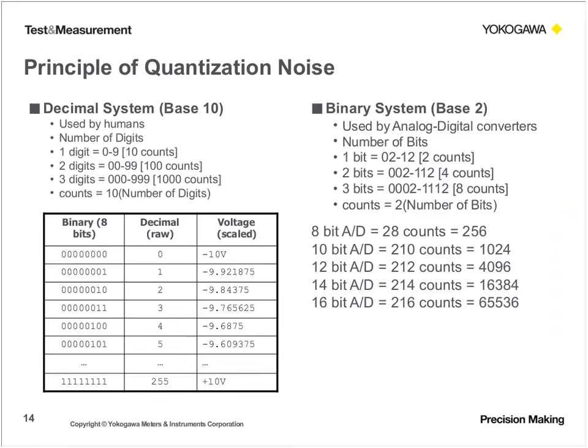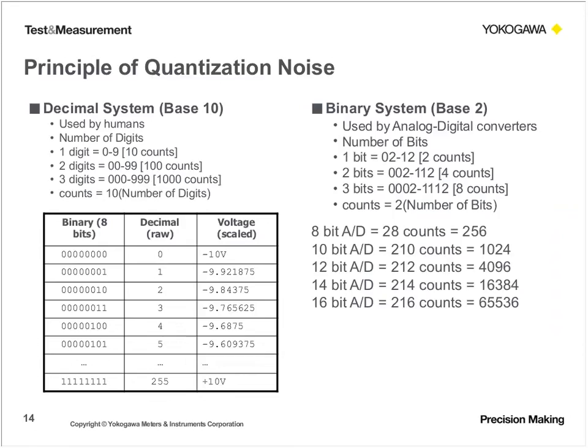For a 2-digit number, you may count from 00 all the way up to 99. So that would be a 100-count system. So when you're talking about the decimal system, we characterize it typically as the number of counts equals 10 to the number of digits. And this is a fairly common way of measuring something.